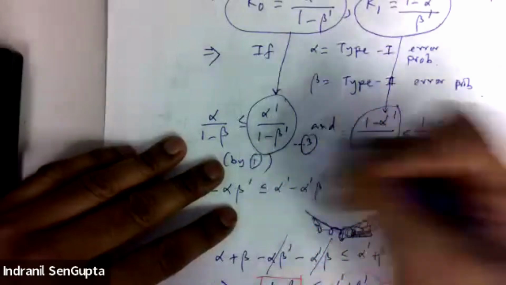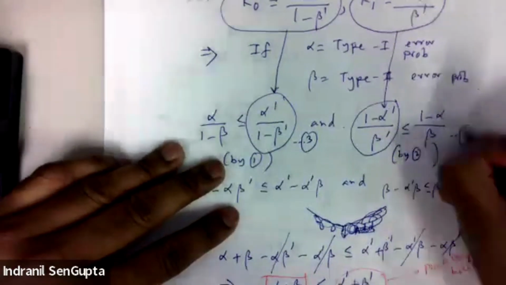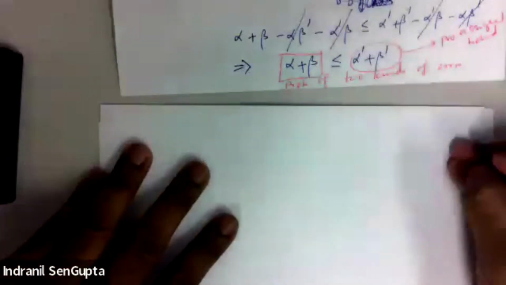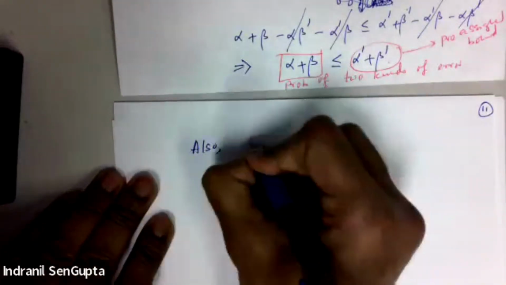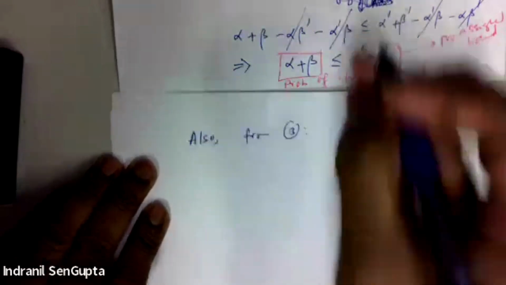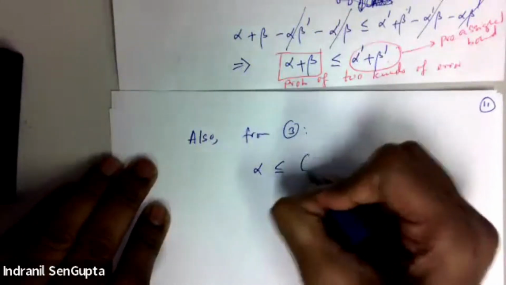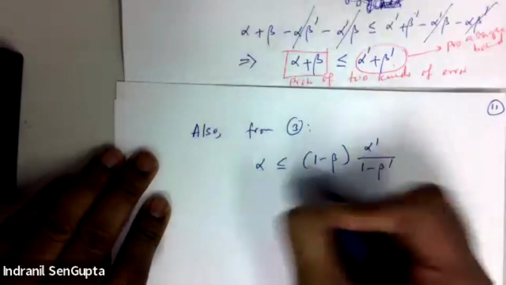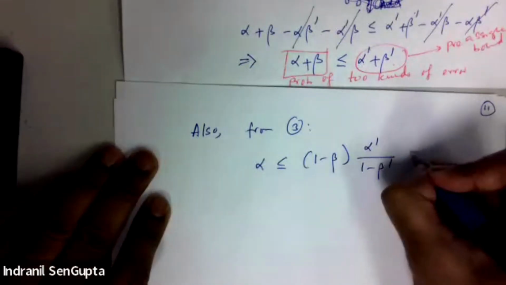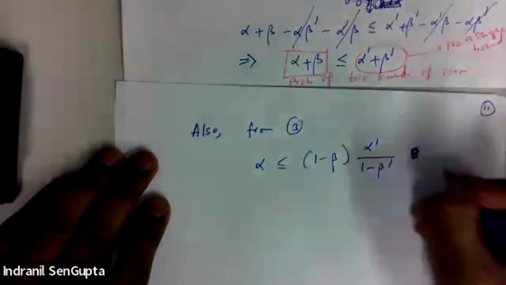3 and name this number 4. So from 3, I can write alpha less than alpha prime over 1 minus beta prime. Now this is a fraction, right? So therefore, this is strictly less than.